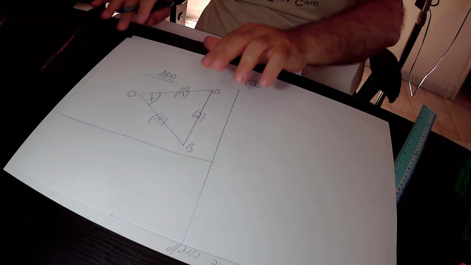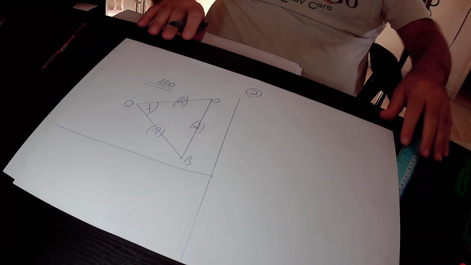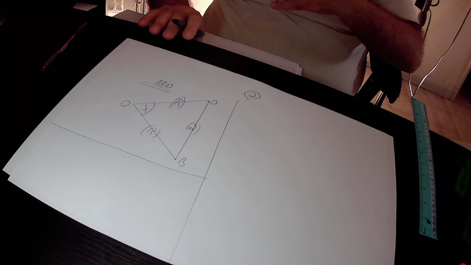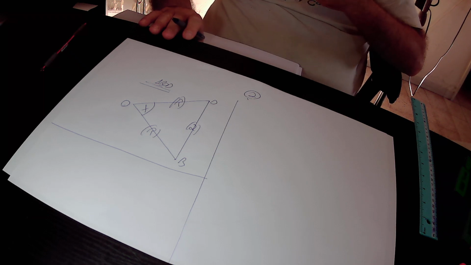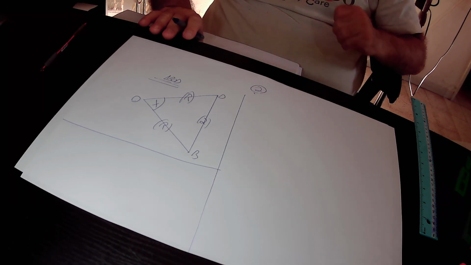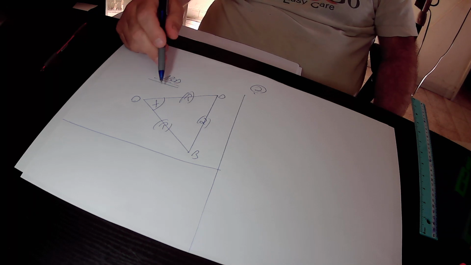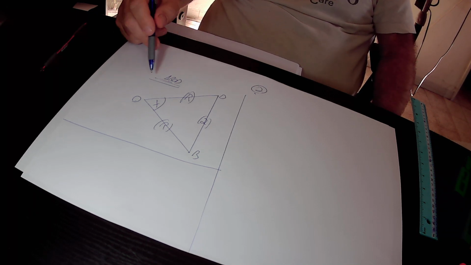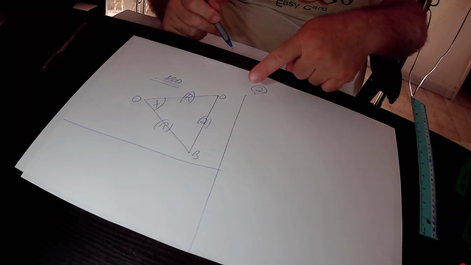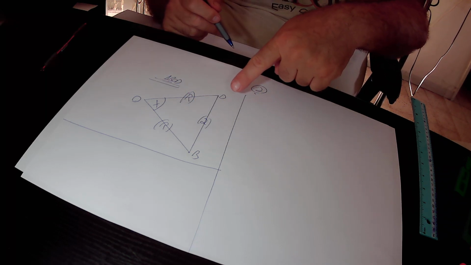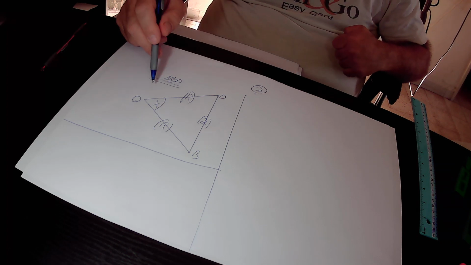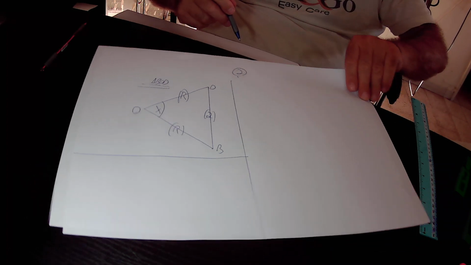So actually, this is triangle BOD that I copied from the original drawing. So, in this triangle, triangle BOD, according to the law of cosines, cosine x equals OD squared plus OB squared minus DB squared over 2 times OD times OB. So, I write it down.